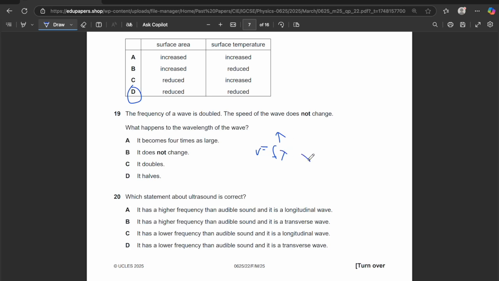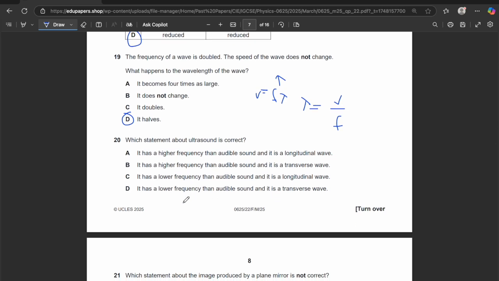So wavelength is equal to, rearrange, V divided by frequency. So you can see that they are inversely proportional to each other. So if frequency increases, wavelength will decrease by the same factor. So it will halve. So the answer is D.